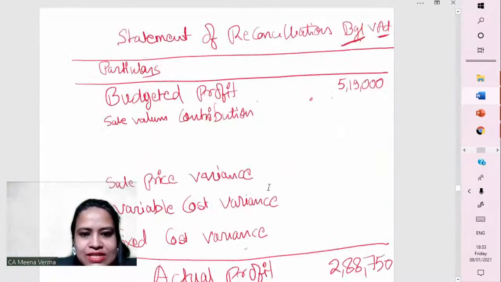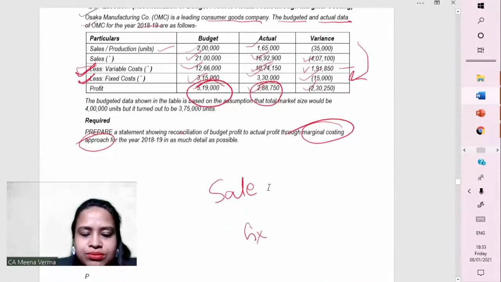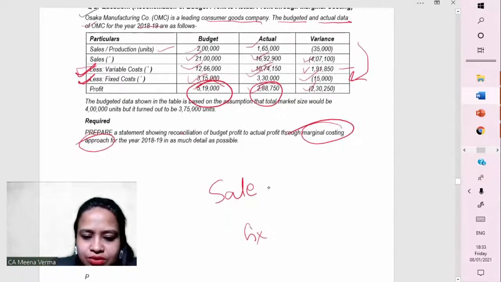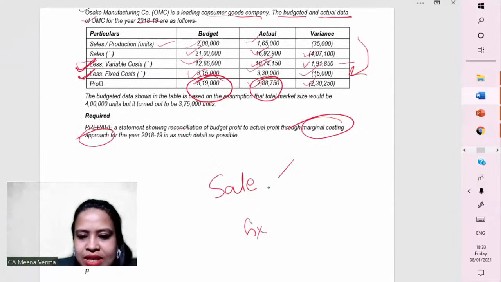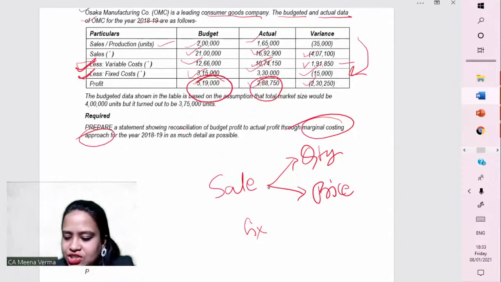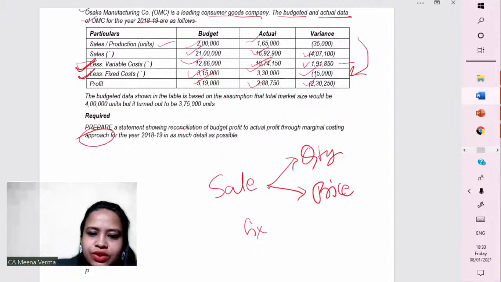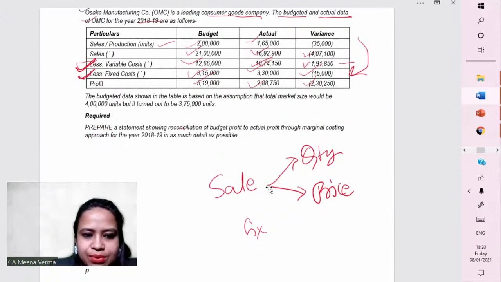And the sales variance may arise either from change in quantity or change in price. So we have to calculate them separately.